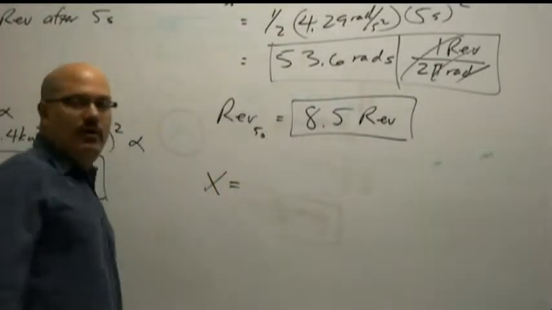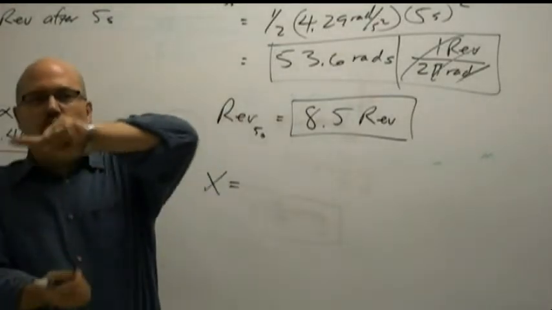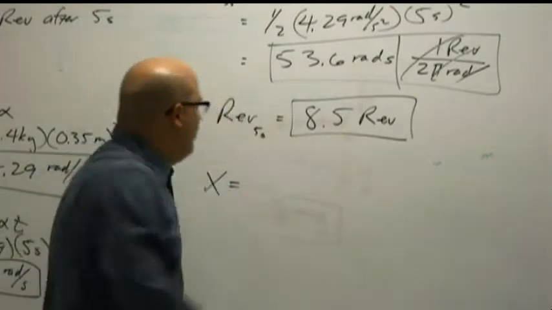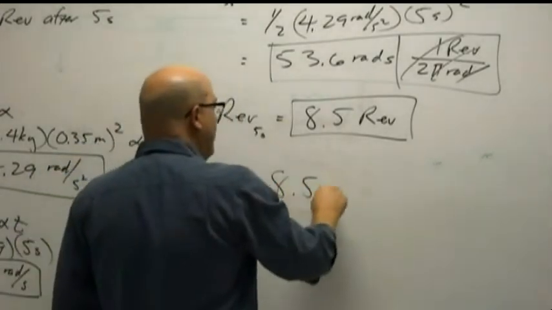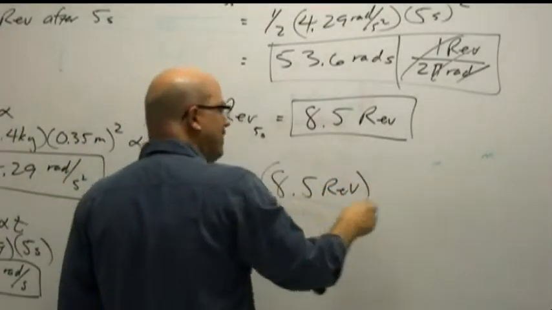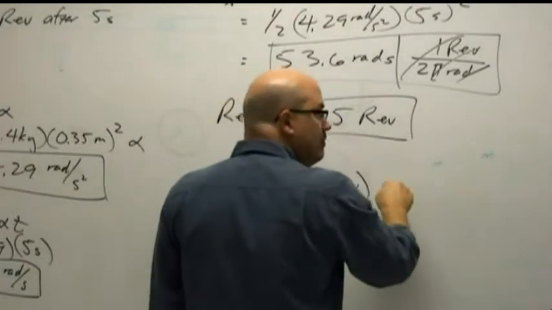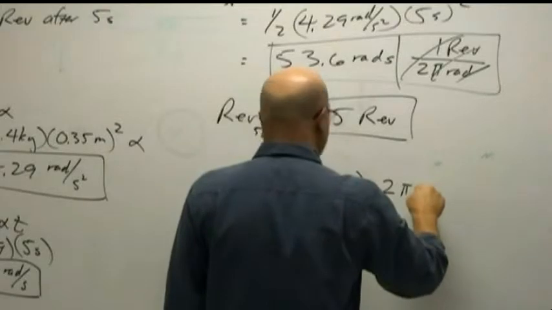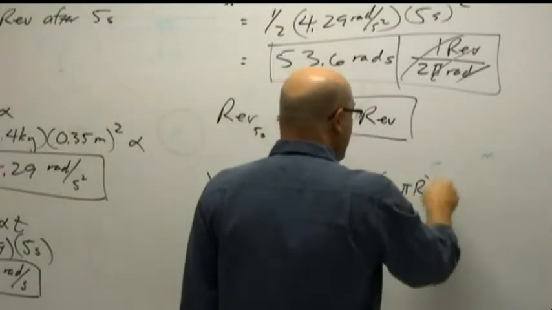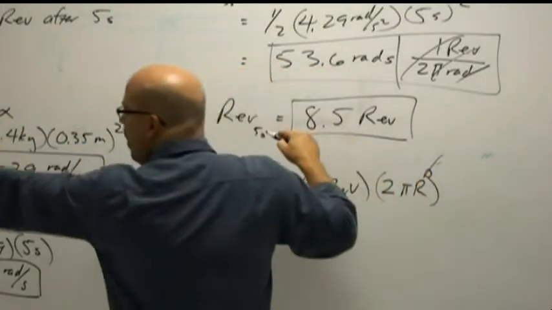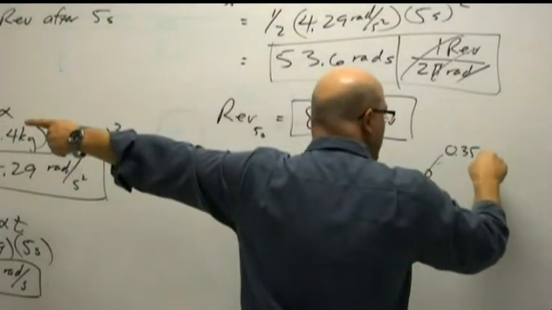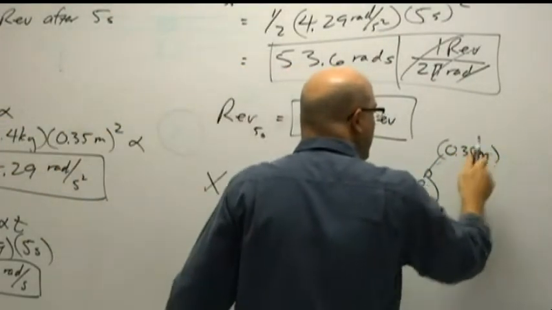Now, x. If this bike tire rolls 8.5 revolutions, then I could take the 8.5 revolutions and just multiply times the circumference, which would be 2 pi r, where r is 0.35 meters, right?